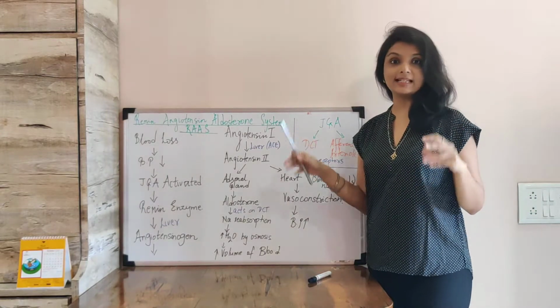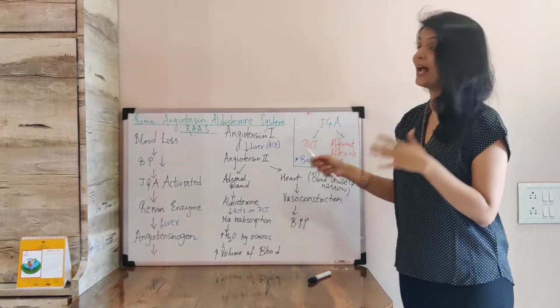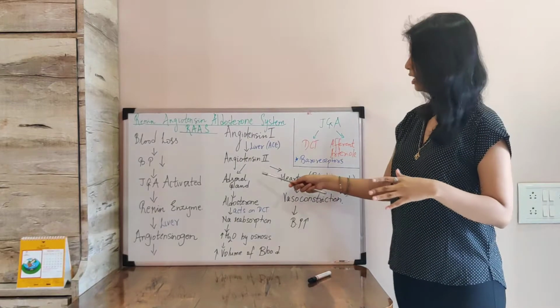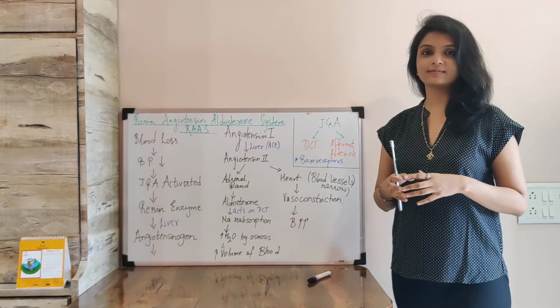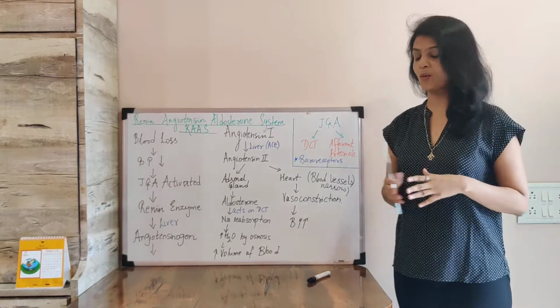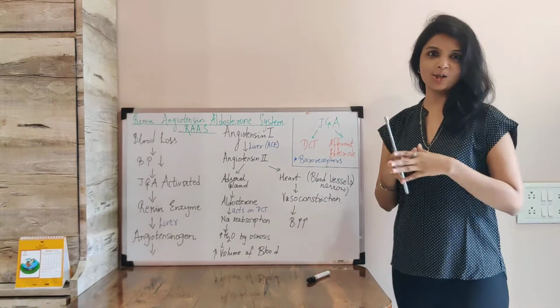The major enzyme, angiotensin 2, will now work on the adrenal gland. The adrenal gland, as you know, will produce a hormone known as aldosterone. What does this aldosterone do?